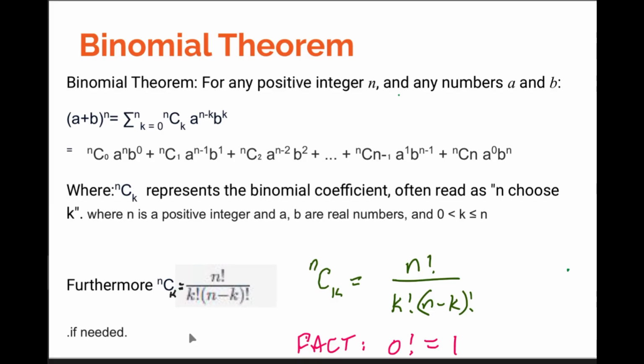Furthermore, we can work out n choose k as being equal to n factorial over k factorial times n minus k factorial. Right?